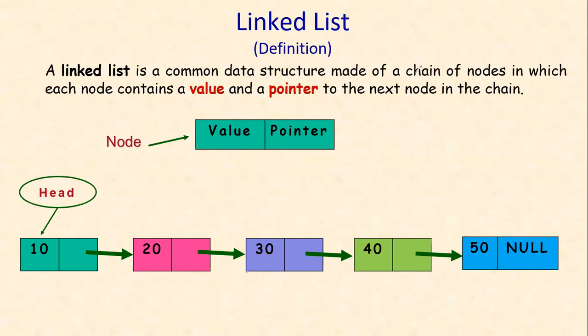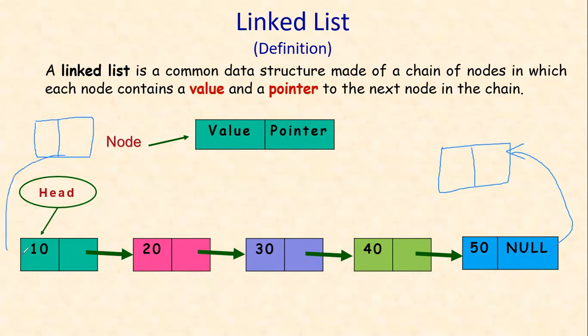What I mean to say is you can create a new node and insert it at the end, or you can create a new node and insert it at the beginning, or you can create a new node and insert it in the middle, which means you have to link it like this.